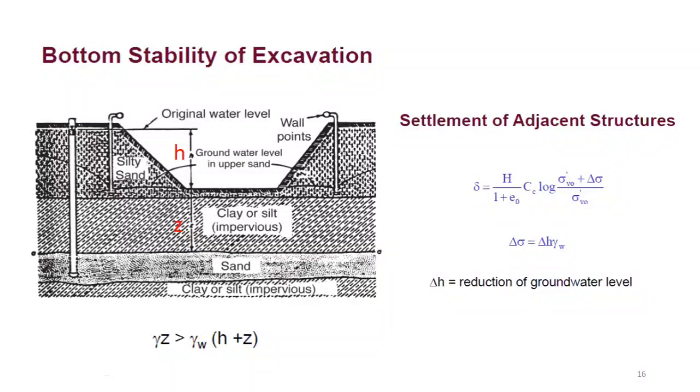As you start lowering the groundwater table, there will be a positive change in effective stress, an increase in stress. Increase in stress means positive settlement, the compression, which is actually referred to as consolidation settlement of the soil. A very good example of this is the settlement of Mexico City, which is a very traditional example of consolidation settlements due to excessive dewatering.